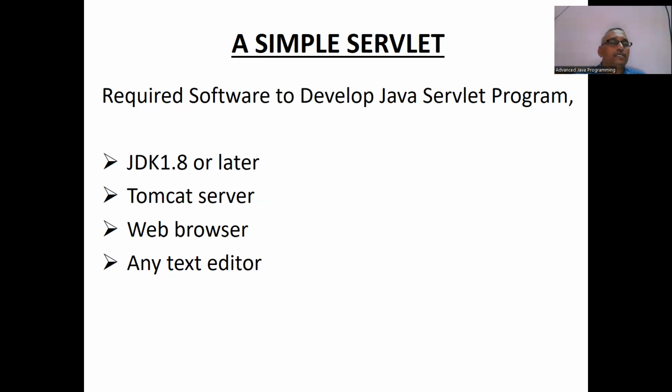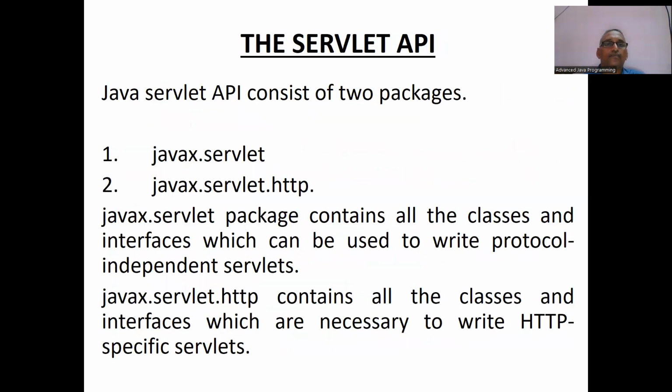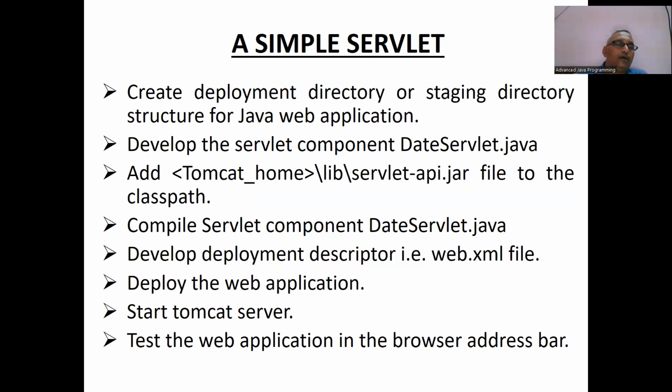So add the Tomcat home lib servlet-API.jar file to the classpath. Compile the servlet component DataServlet.java. To generate the dot class file in the package, open CMD from the current working directory where DataServlet.java is available.